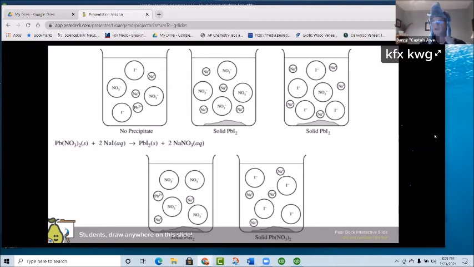Trust me, you're going to be doing enough solution stuff that I think you'll be good to go. Molarity should not be a big thing for you. But which one of those particulate level drawings, sometimes they'll give you them, sometimes they'll ask you to draw them. Which one of them is the best depiction of what's going on? Just circle the one on the slide that you think is the right one.